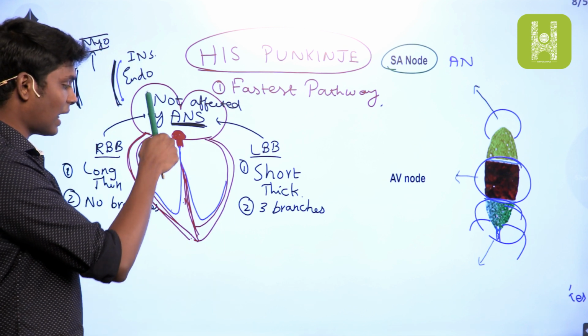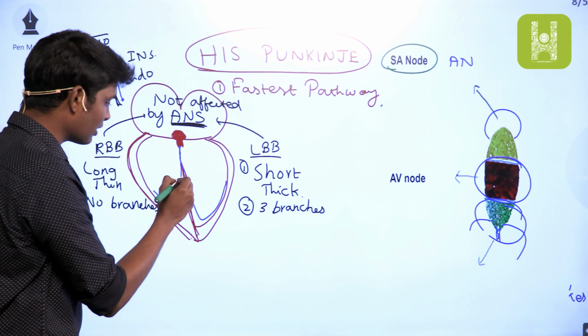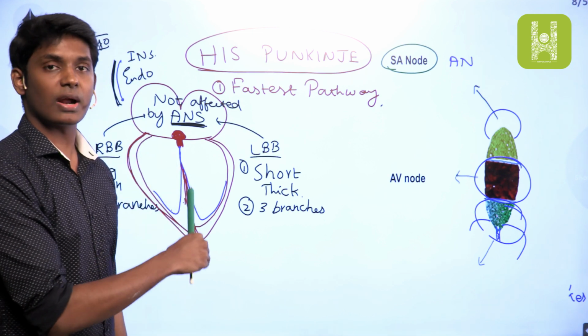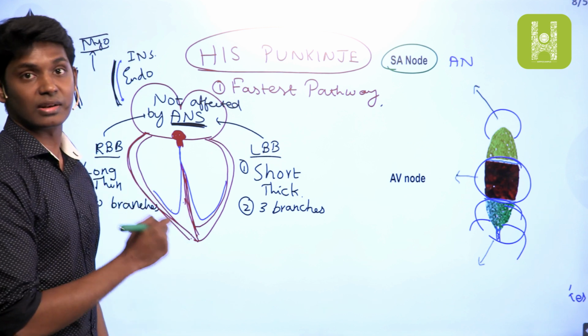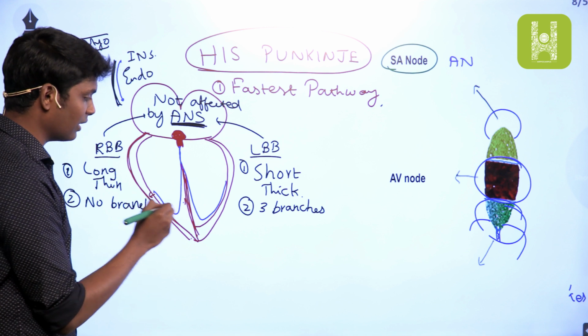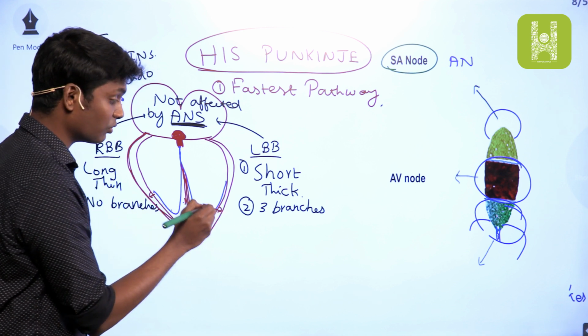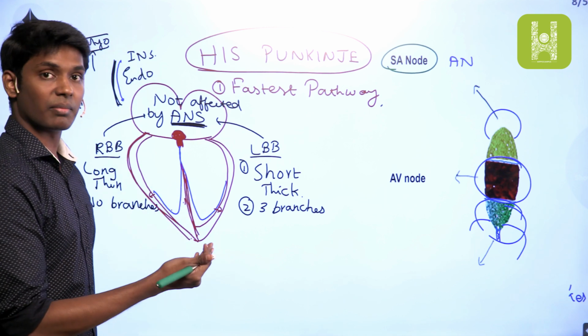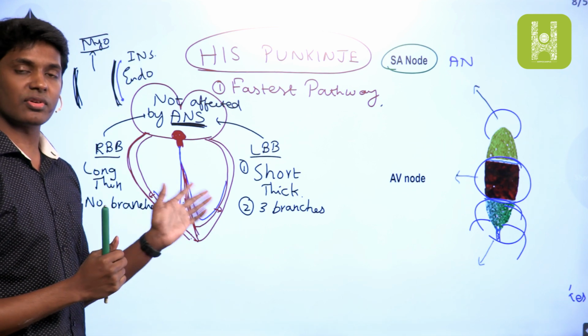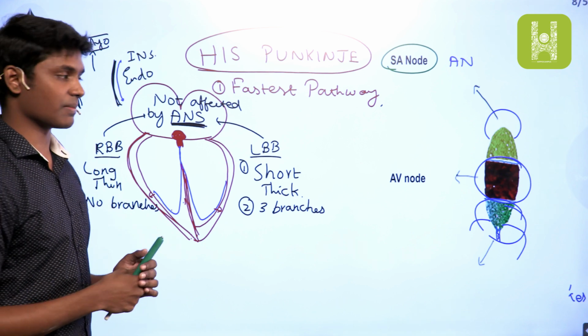The bundle of His and the His-Purkinje system actually travels through the endocardium, so that the impulses first reach the endocardium of the ventricular musculature. From the endocardium, the impulses travel towards the epicardium. This is one important thing which you should remember. I'll explain it later again. So these are the important facts which you should remember about the His-Purkinje system.